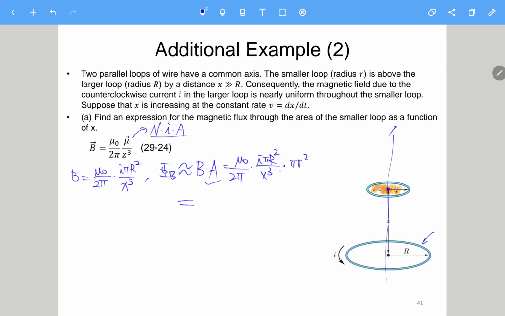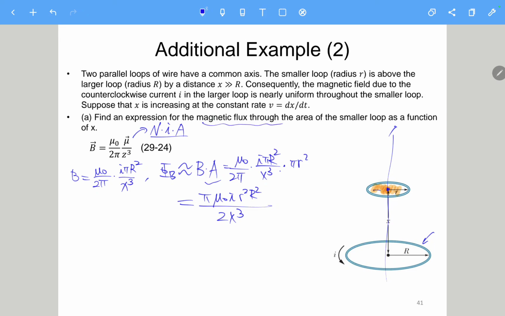All in all, it is pi mu 0 I small r squared capital R squared over 2x cubed. So this is the expression for the magnetic flux.